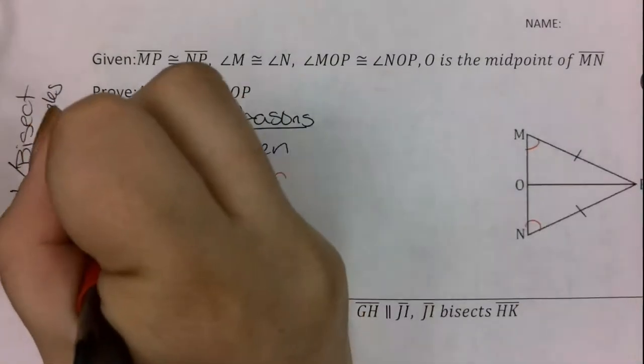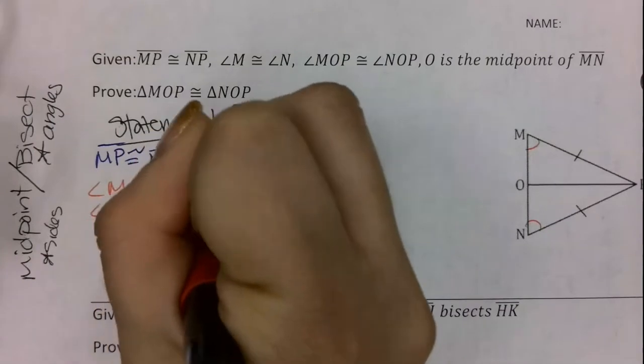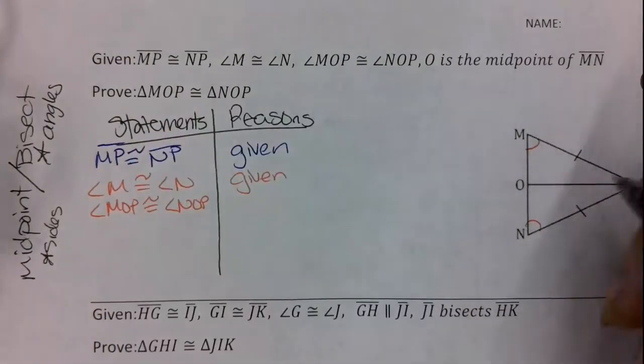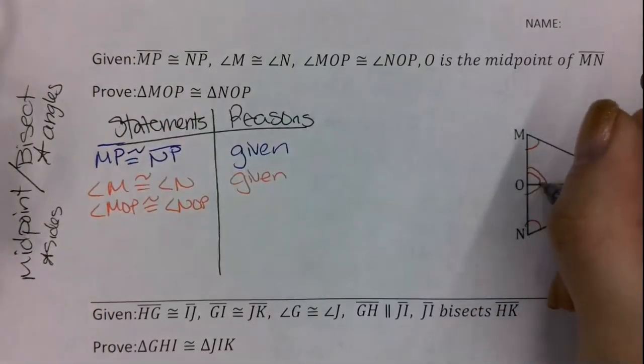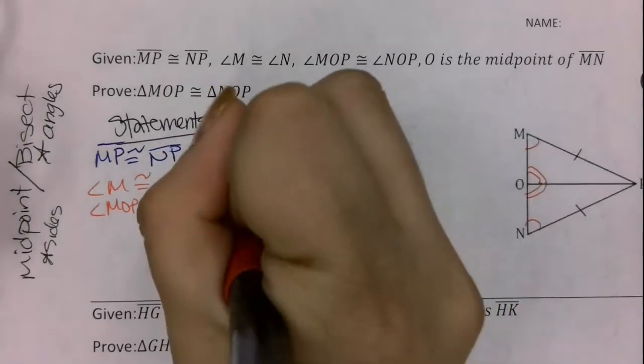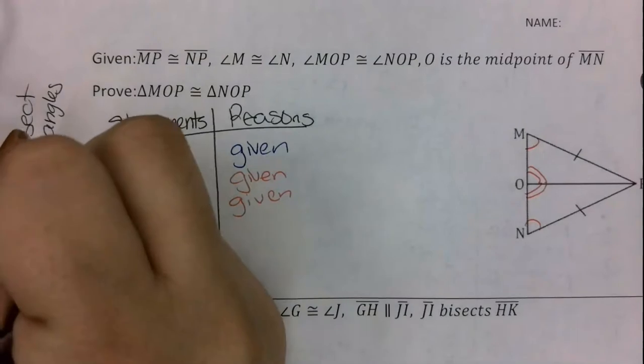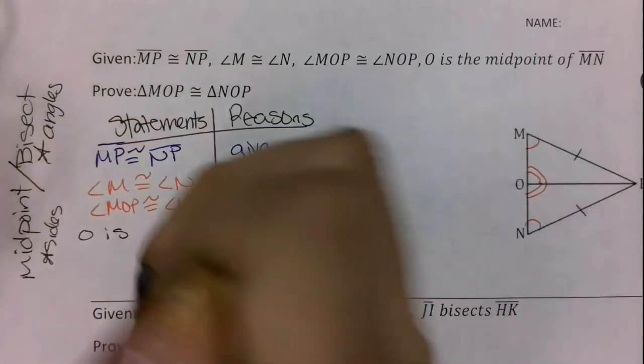Angle MOP is congruent to angle NOP. O is the midpoint of MN.